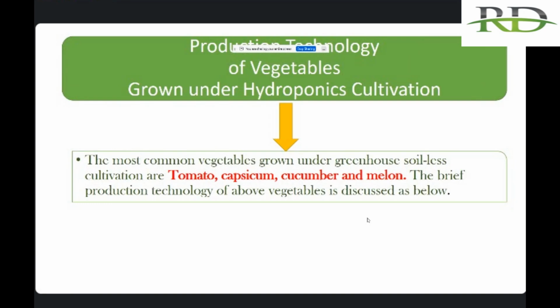So now I will talk about the production technology of vegetables which can be grown under hydroponics. As I said, under greenhouse in soilless cultivation, tomato, capsicum, cucumber, and melons can be grown. We'll be talking briefly about the production technology of these vegetables.